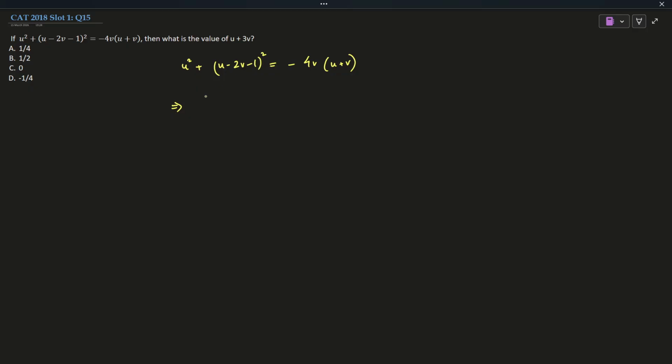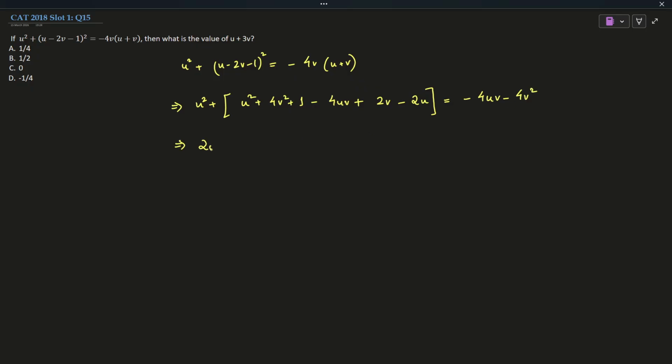Now let's expand this. This is u square. Now this is a plus b plus c whole square. So this will give me u square plus 4v square plus 1 minus 4uv plus 2v minus 2u is equal to minus of 4uv minus of 4v square.